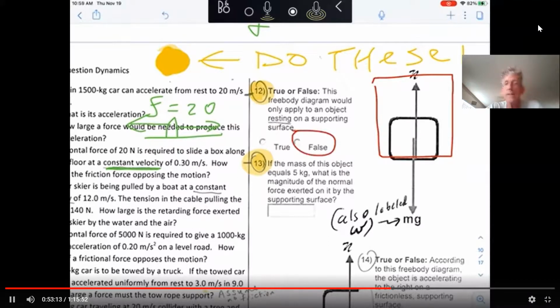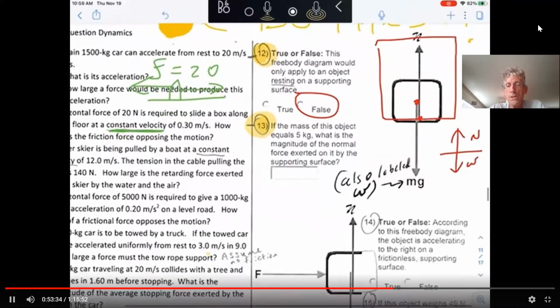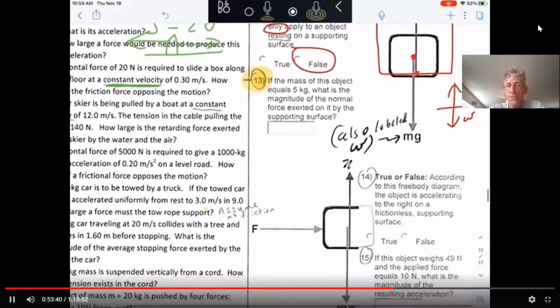It could be moving at constant velocity upward or downward. Usually I draw it so that those two origins are at the same place. The origin is usually at the center of mass. So it would look like this. Forces are balanced, so it's in equilibrium. But equilibrium means either moving at constant velocity, or at rest.